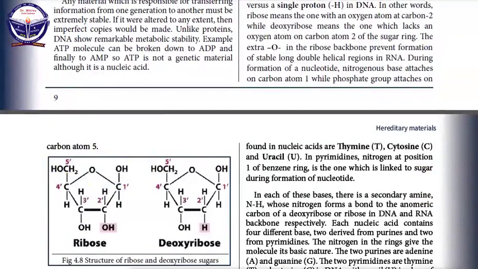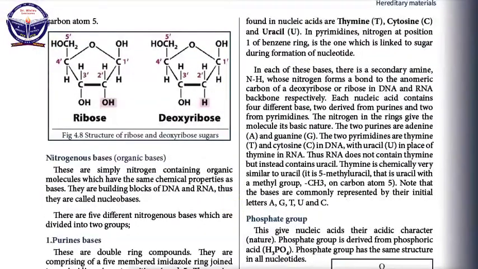I hope you can see the structure from these sugars here below. So this is our ribose sugar and this is deoxyribose sugar. You can observe the carbon atom number 5 where the phosphate binds, and then the carbon atom number 1 where the base binds.